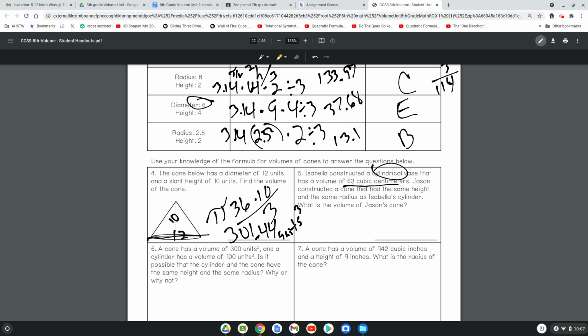So if she constructed a vase that was a cylinder, we have to find out her height and radius. So if we do volume equals, let's see here, pi r squared times the height.